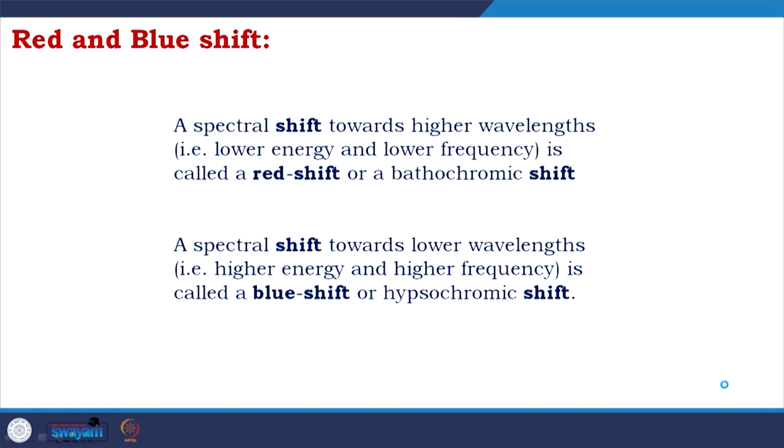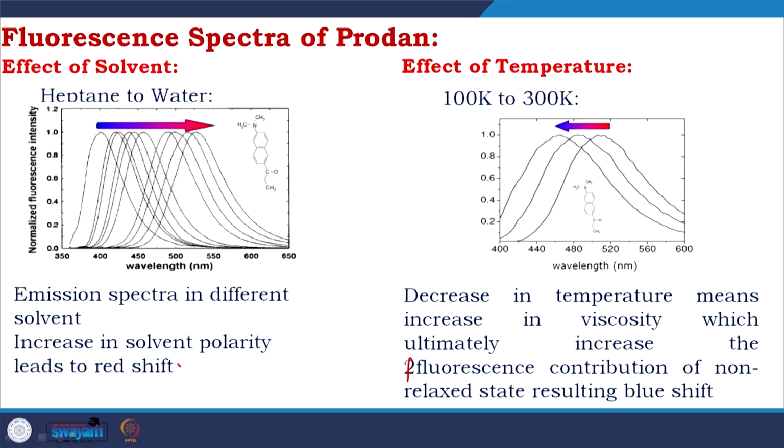So, if you see here this shift is red shift, because here from lower wavelength to higher wavelength happened the shift of the emission spectra with the change of the solvent when the polarity of the solvent is enhanced.